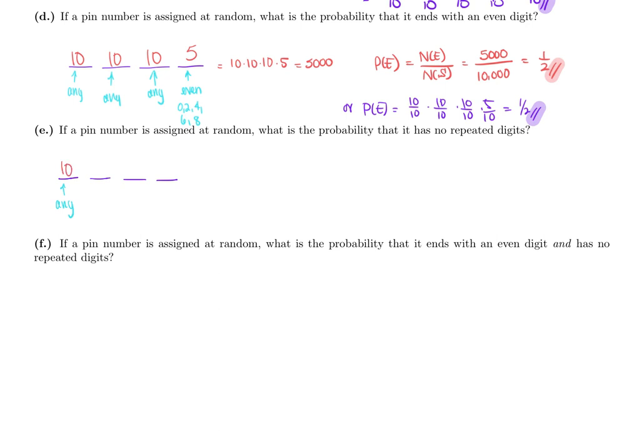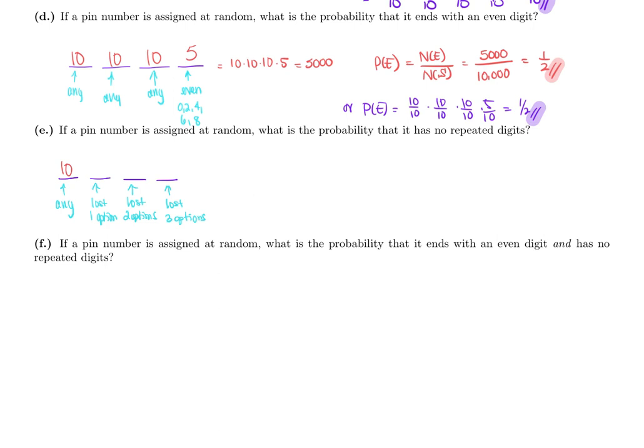But things get a little different because for the second one, we have lost one option. By the time we get to the third one, we have lost 2 options. And by the time we get to the last one, we have lost 3 options because we can't repeat numbers.